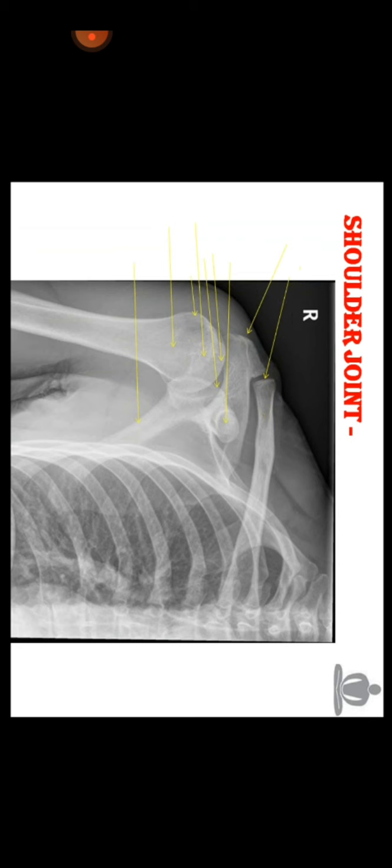Greater tuberosity. Then this is clavicle. And this is glenohumeral joint. So it is glenoid cavity and humerus, and in between, it is glenohumeral joint.